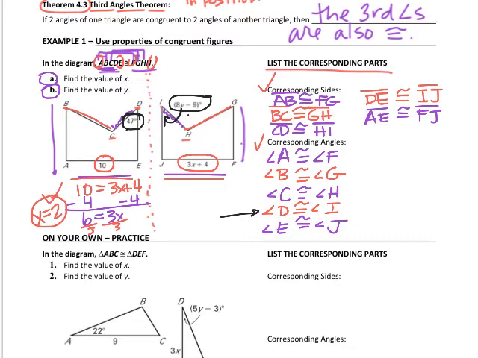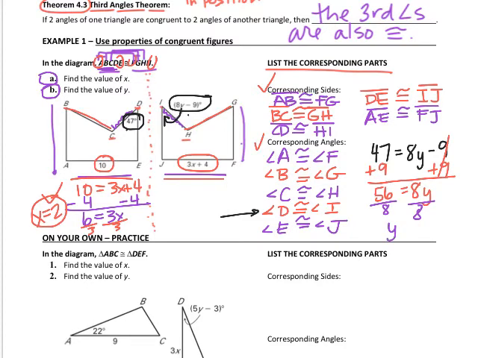So let's go ahead over here and do that. 47 equals 8y minus 9. And if I add 9 to both sides, because that's my first step in solving this, I won't have the minus 9 there anymore. I'll have an 8y equals 56. And I know that 8 goes into 56 7 times. So y is going to equal 7.